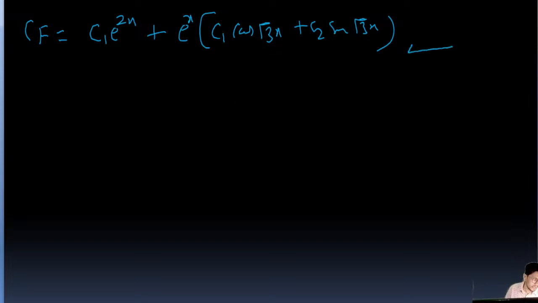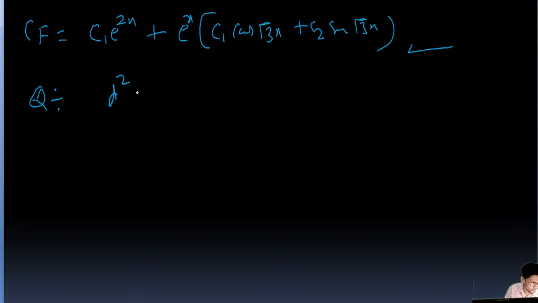Okay, next question we're going to solve. Let me just check the time. This is question number 6 or 7. I don't remember the question, but this is a very good question.